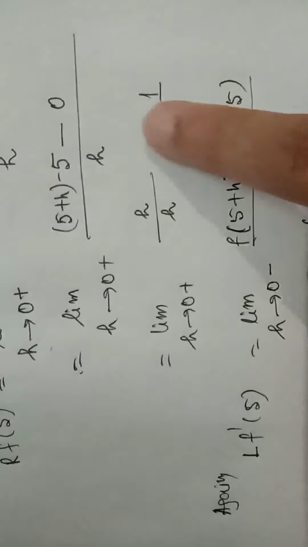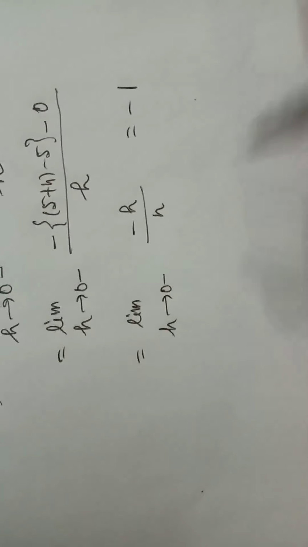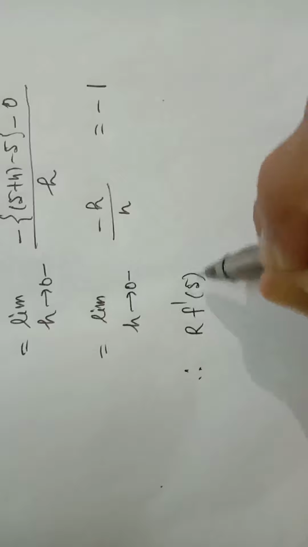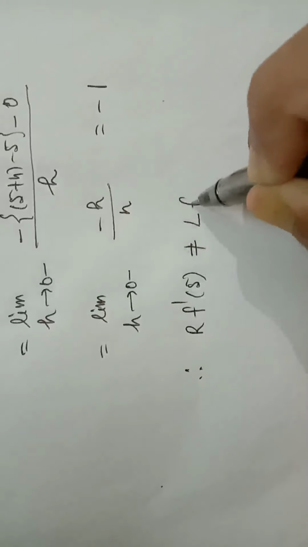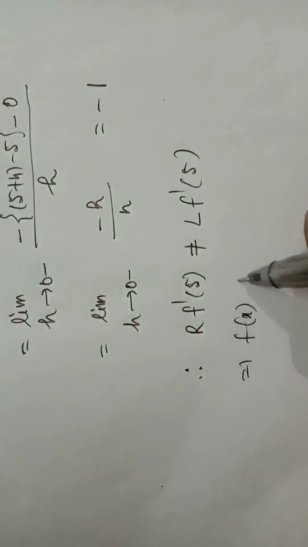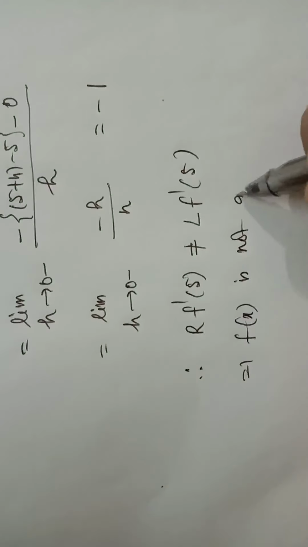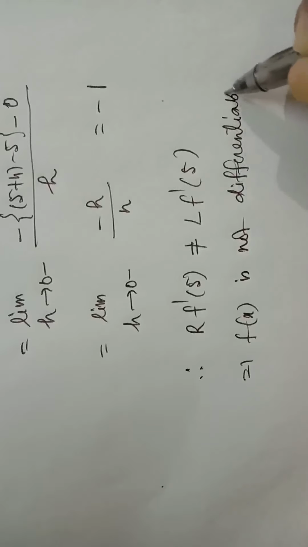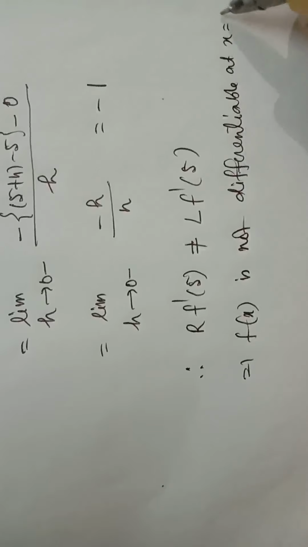So you can see the right hand derivative is 1, the left hand derivative is minus 1, and therefore RF dash 5 is not equal to LF dash 5, implies f(x) is not differentiable at x equal to 5.